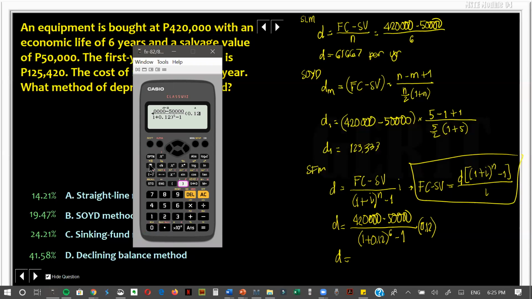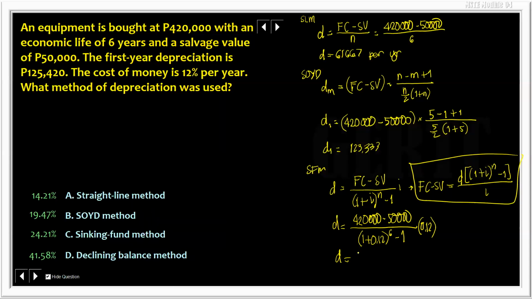That is equal to 45,593 point something. So this is the yearly depreciation if we use the sinking fund method. But since that is not the same as the first year depreciation, the answer is not letter C, not the sinking fund method. So far, A, B, and C are incorrect, so that should be letter D, declining balance method.